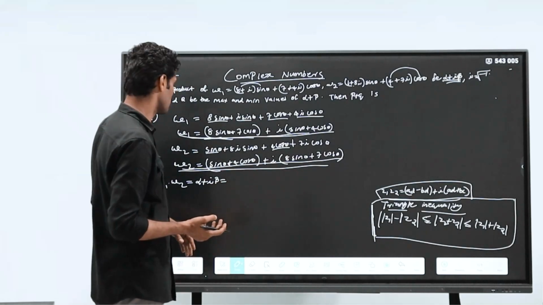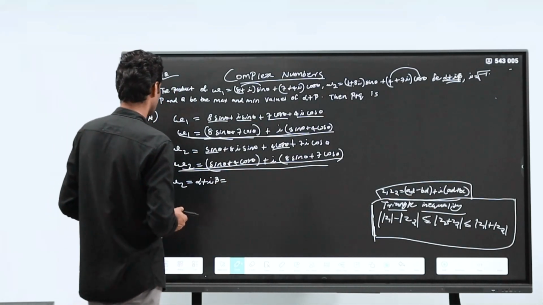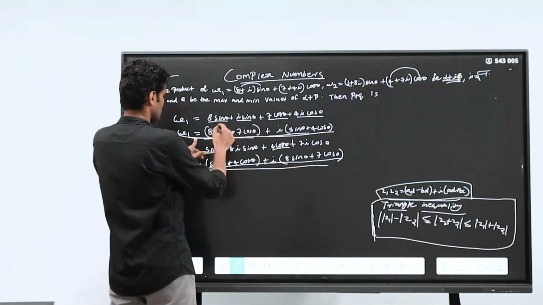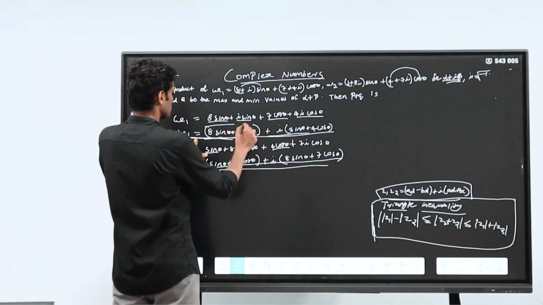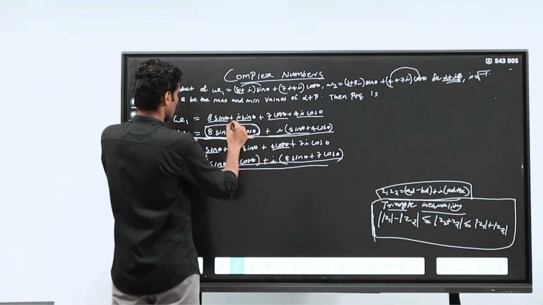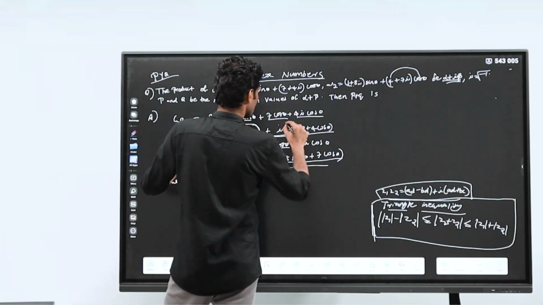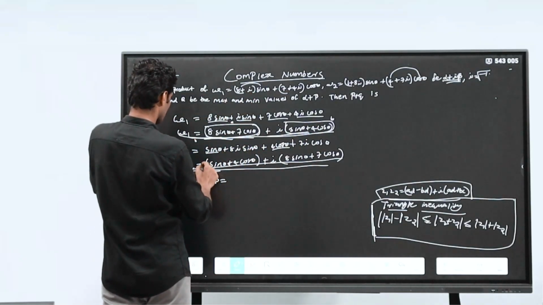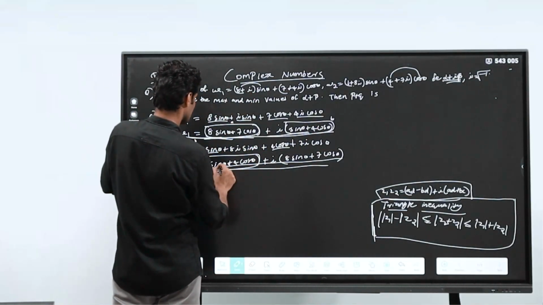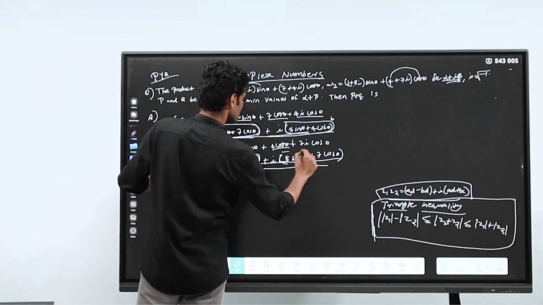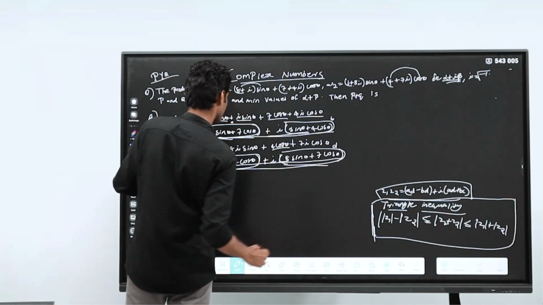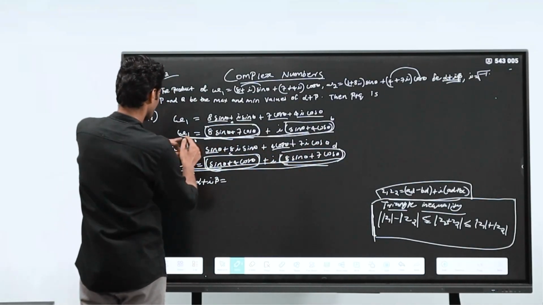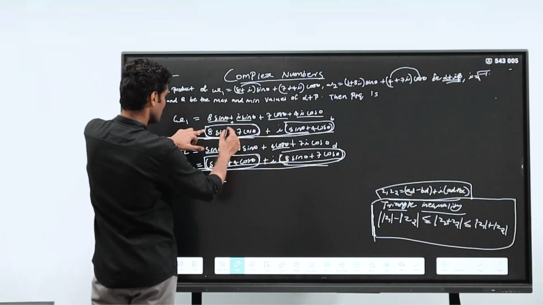We already discussed that. If for this term we put A, and for this term we put B, then we can put this as C and this as D.